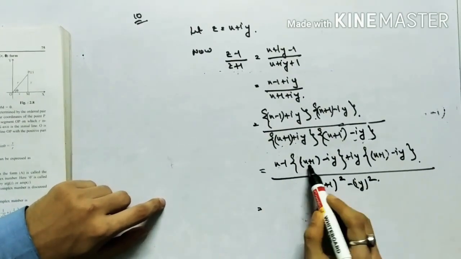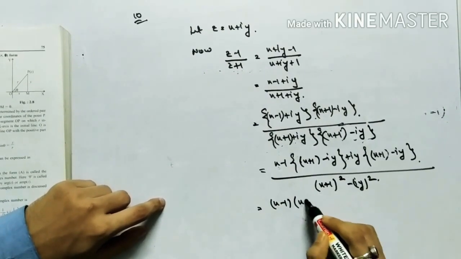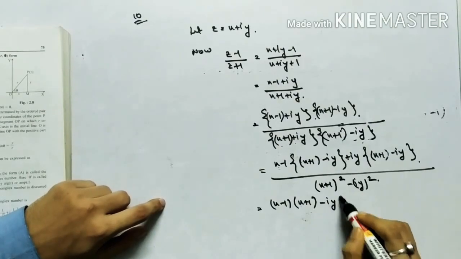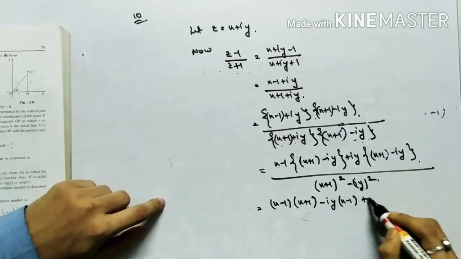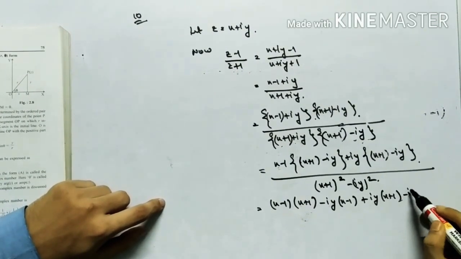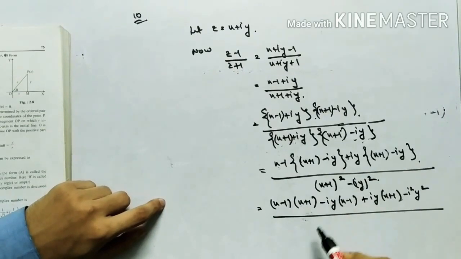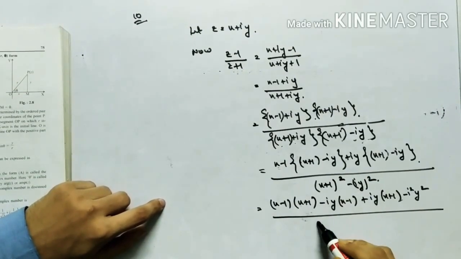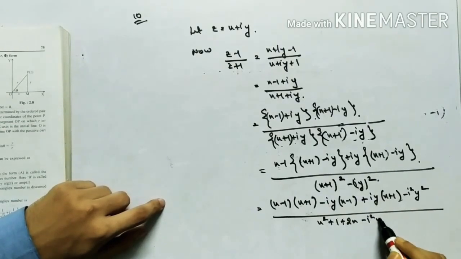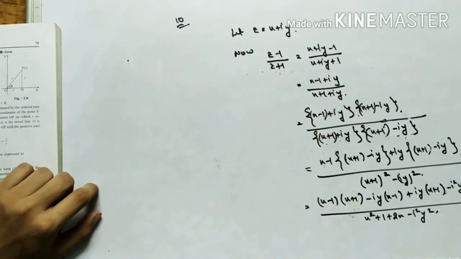Expanding the numerator, it becomes (x minus 1)(x plus 1), minus iy(x minus 1), plus iy(x plus 1), minus i square y square. The denominator becomes x square plus 1 plus 2x minus i square y square.